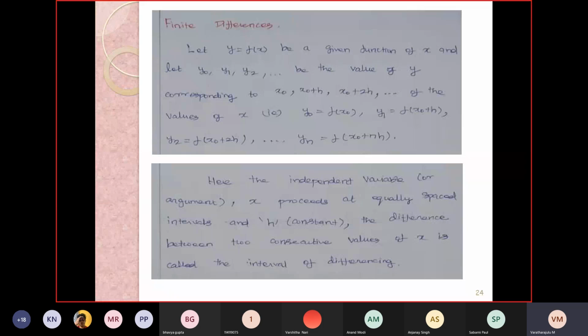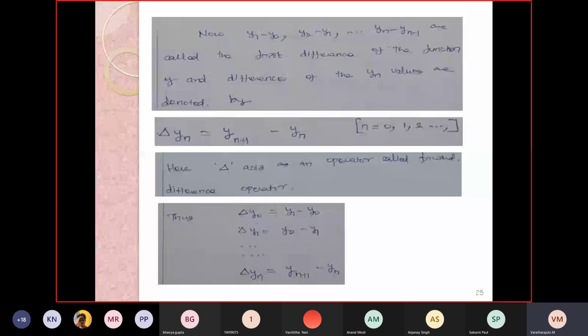Now y1 minus y0, y2 minus y1, and so on, yn minus yn minus 1 are called the first differences of the function y, and the differences are denoted by delta yn. Delta is an operator, and delta yn is equal to yn plus 1 minus yn, where n is equal to 0, 1, 2 and so on.